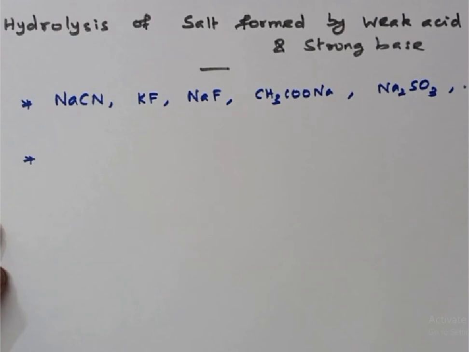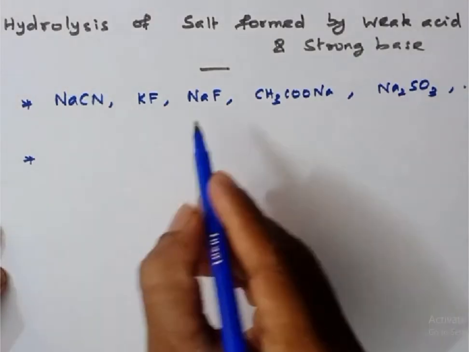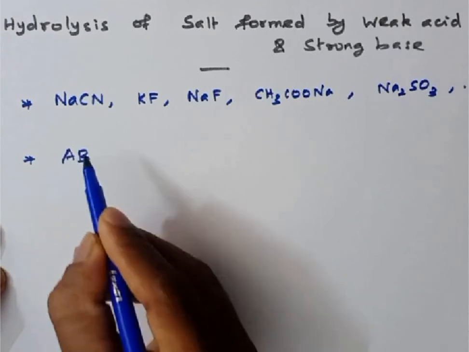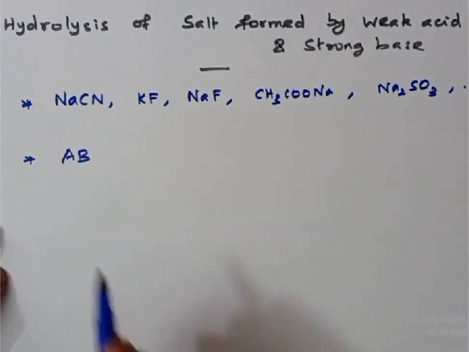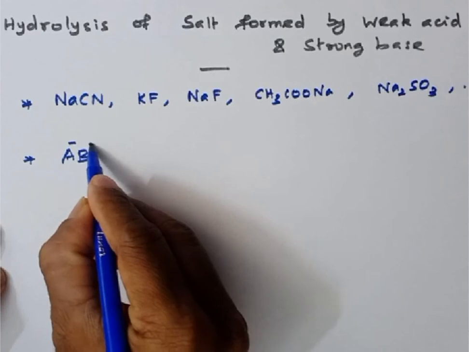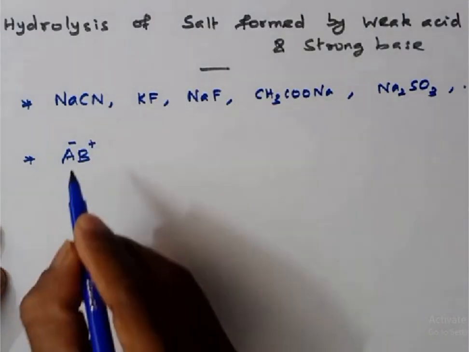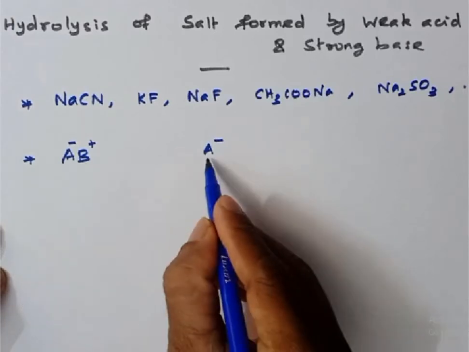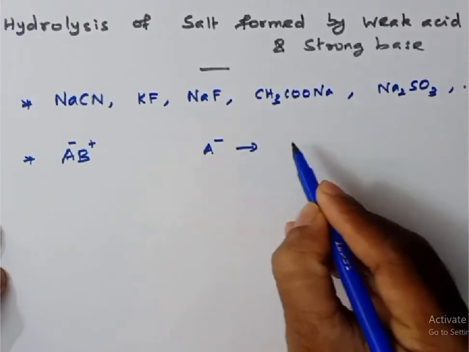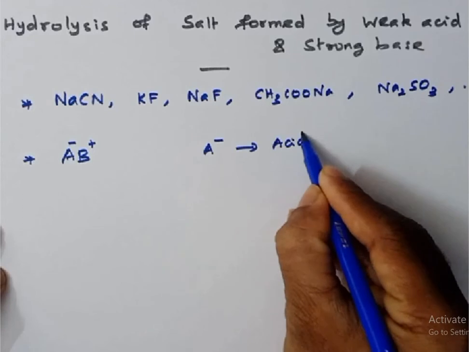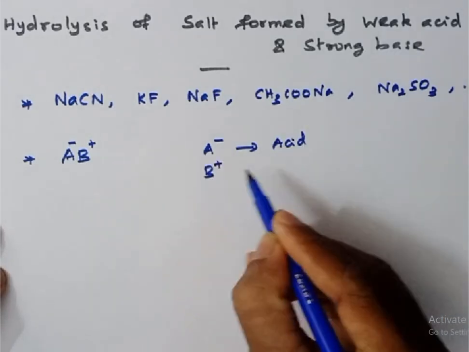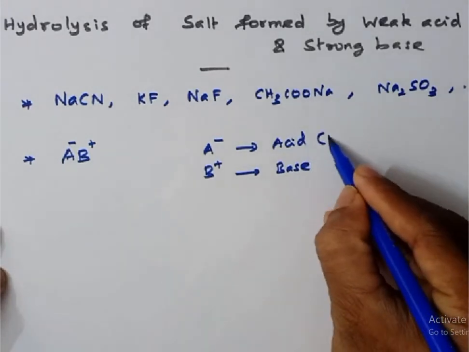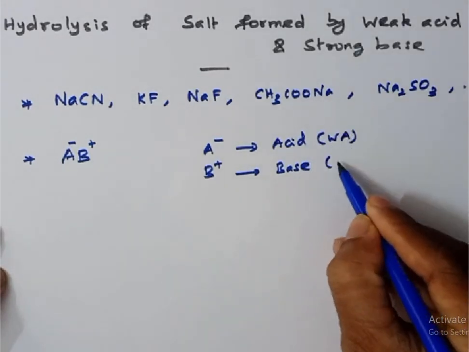In general, I'll represent this salt as AB, where A minus is the anion and B plus is the cation. You know very well, in the salt, the anion comes from acid and the cation comes from base. Here the acid is weak, whereas the base is strong.